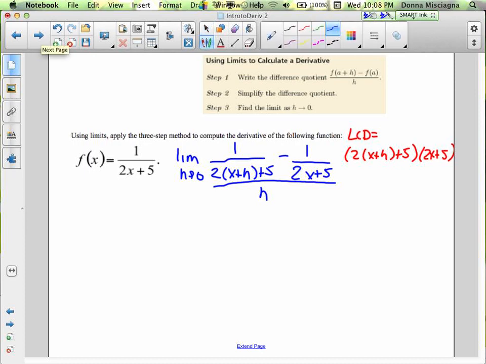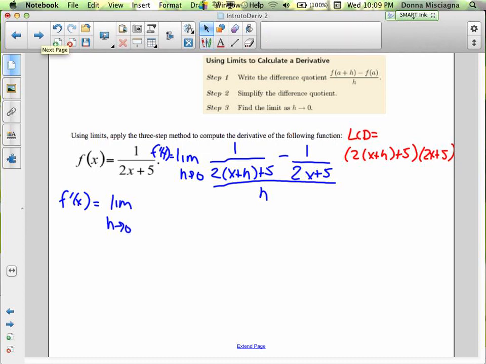Don't give yourself extra work. It's unnecessary. So let me write in f prime of x since that's what we're solving. And I already forgot to write it once. All right, f prime of x is equal to the limit as h goes to 0. So numerator and denominator are going to get multiplied by what they're missing.